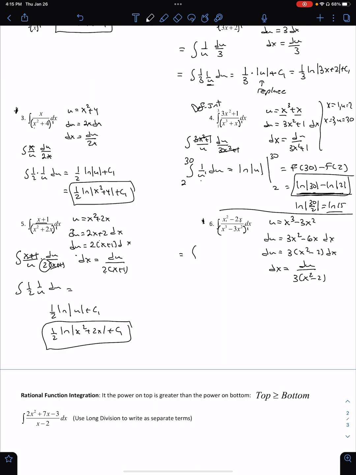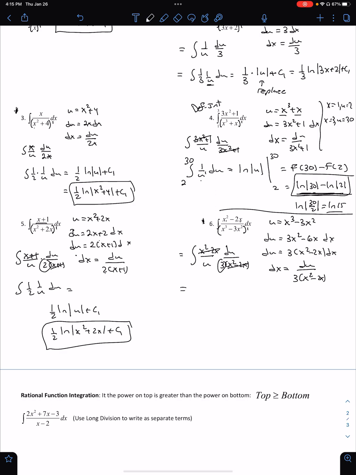Writing out your answer, here we get x squared minus 2x over u, du over 3 times x squared minus 2x. I forgot my x. That's what happened here. Now it's correct, and those cancel out. Be careful.